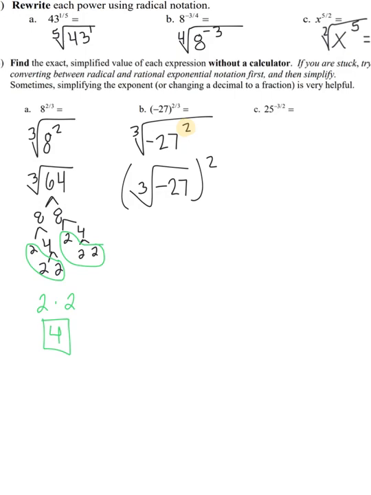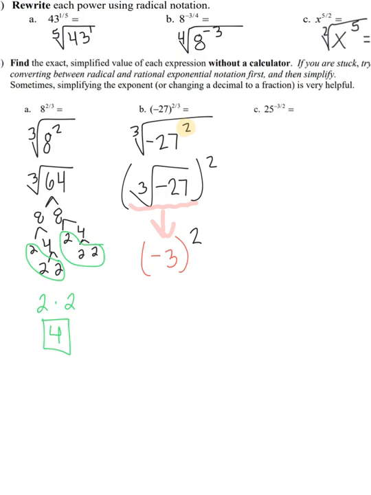That might be an easier way to look at it, because now I know the cube root of negative 27. So this part inside the parentheses, I know that the cube root of negative 27 is negative 3. And now I need to just square negative 3.